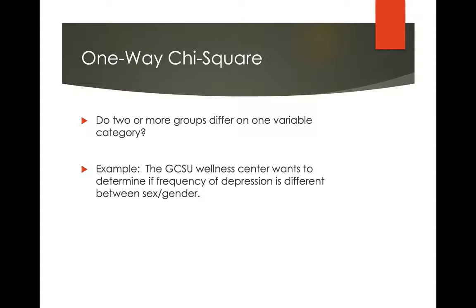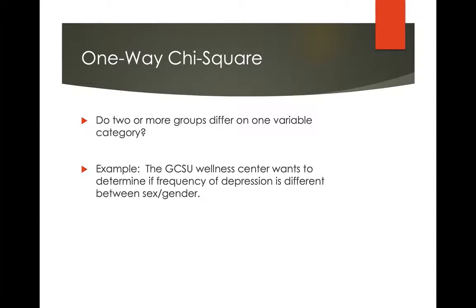Our one variable we're looking at is marijuana use, and the two groups we are comparing are men versus women. This is different from our t-test in that with our t-test we are comparing means, but with our chi-square test we are comparing proportions, or comparing frequency or percentage, all the same thing.